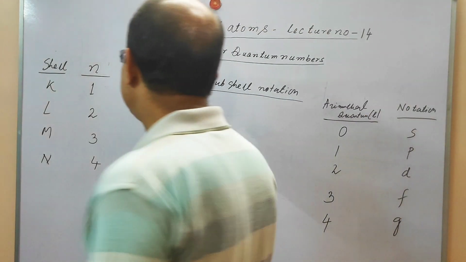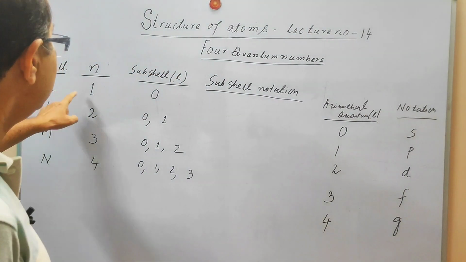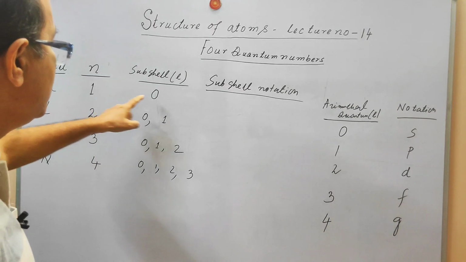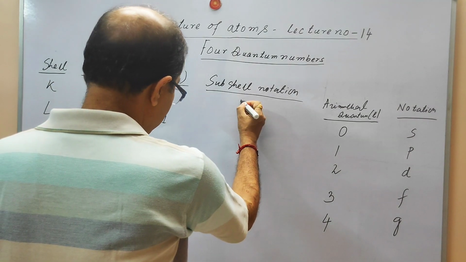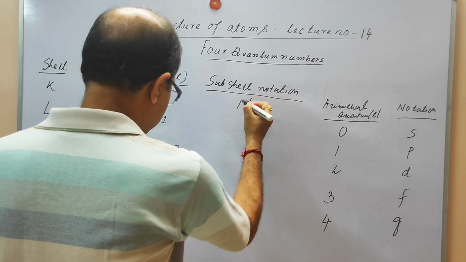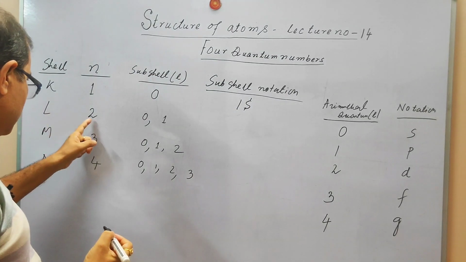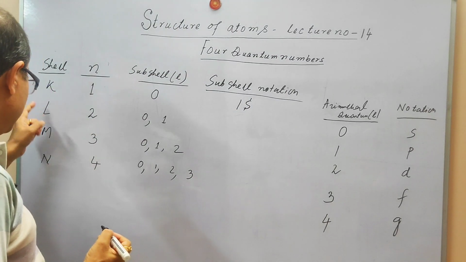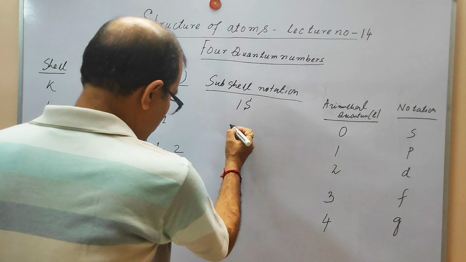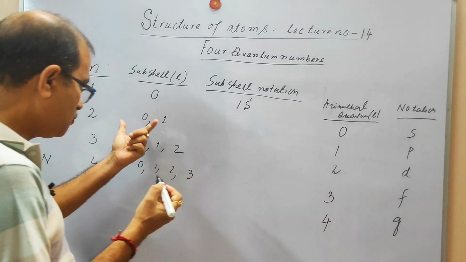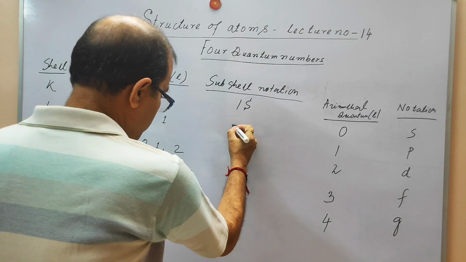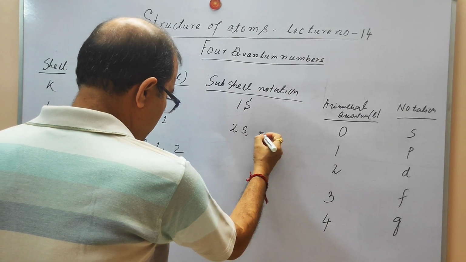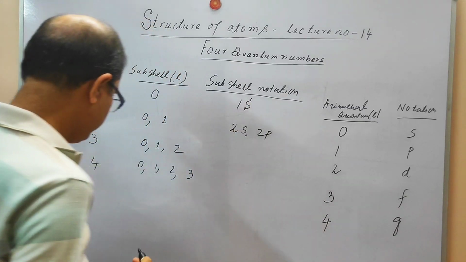Now suppose this is the K shell and its principal quantum number is 1. So what will be the subshell notation? It will be 1s. When the principal quantum number is 2 and the shell is L, it will have a total of 2 subshells, and its notation will be 2s and 2p.